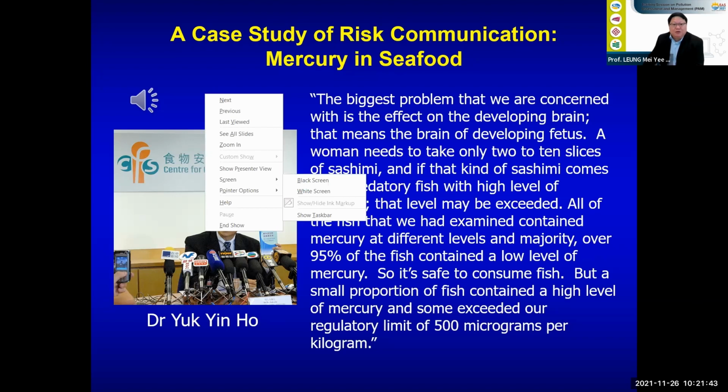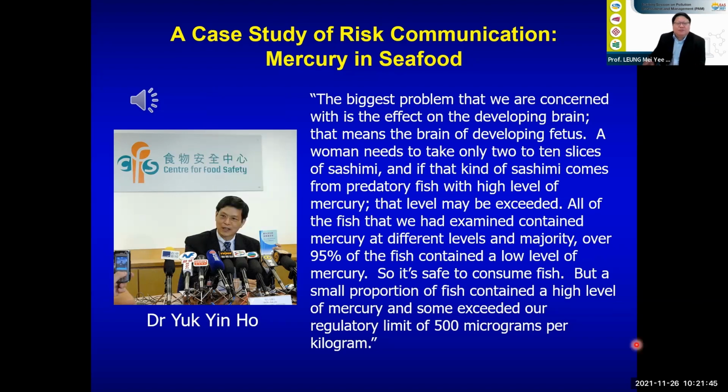I think maybe the biggest problem that we are concerned with is its effect on the developing brain. That means the brain of a developing fetus. A woman needs to take only 2 to 10 slices of sashimi. And if that kind of sashimi comes from predatory fish with a high level of mercury, that level may be excessive.